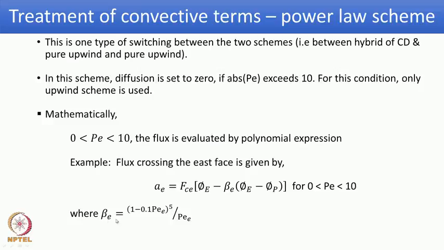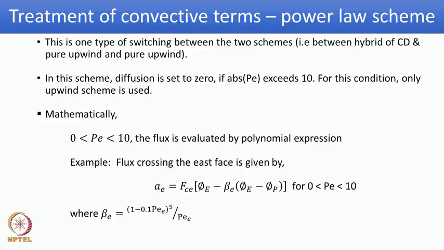There you write beta as (1 minus 0.1 Pe) to the power of 5 divided by Pe. Again we are evaluating Pe at every face. So, here Pe is evaluated for the east face, because we are just explaining for the east face.